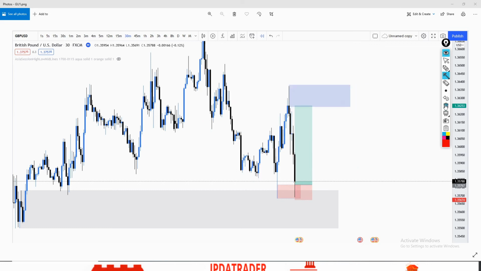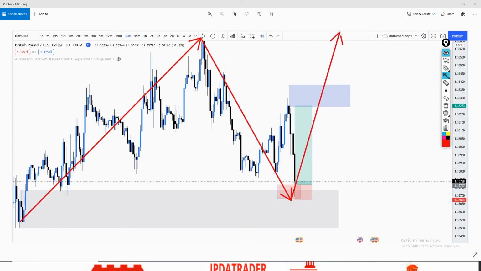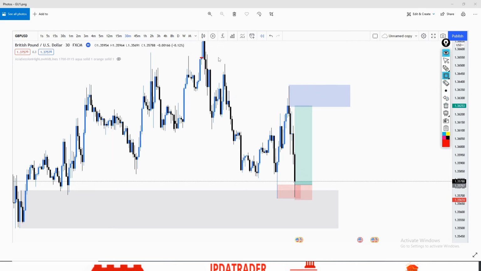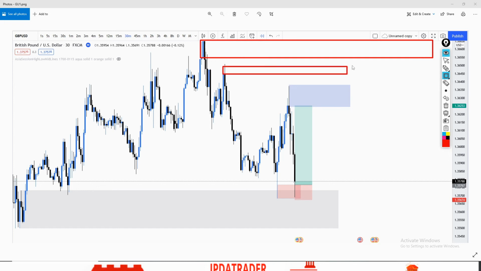However, if you're fine with taking the risk of saying, hey, I am seeing structure this way, and this is absolutely valid, and I'm expecting another leg up entirely, and you want to target this area over here or a POI over here, then that is absolutely valid as well. I'm just giving you ideas and following the risk management system that we've previously designed for ourselves.